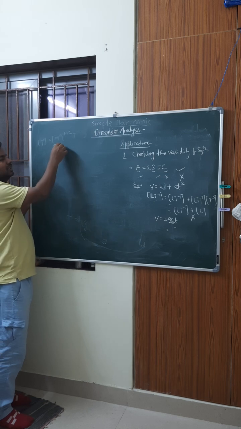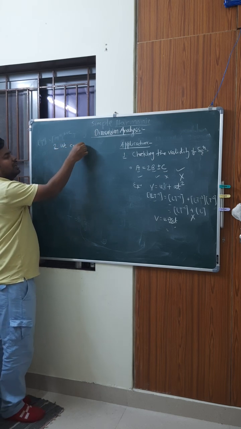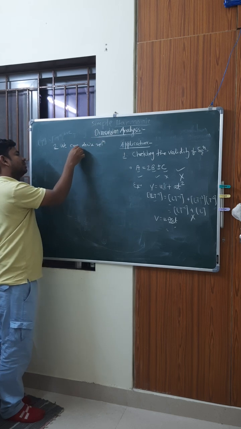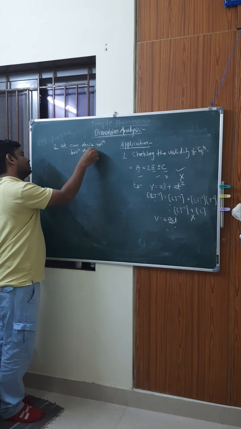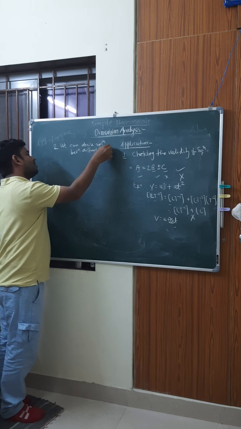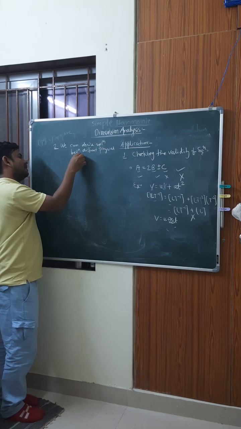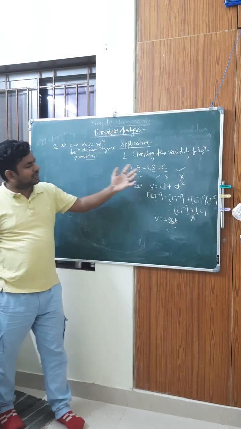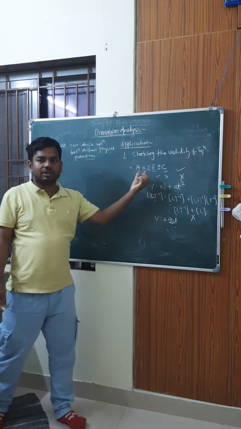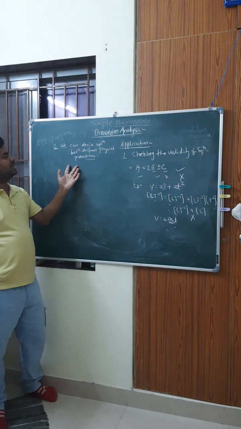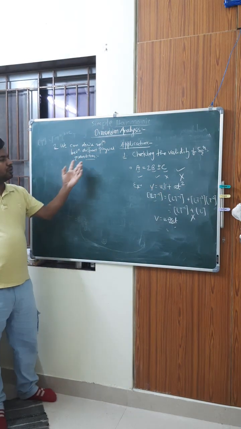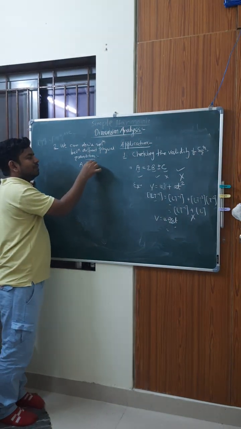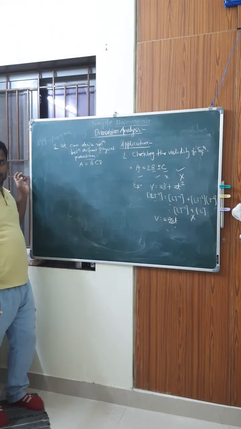The second application is that we can derive a relation between different physical quantities. The fundamental concept will remain the same: we can only equate, add or subtract those quantities which have equal dimensions. So if there are various physical quantities, like A is equal to B, C, D, it depends upon three factors.